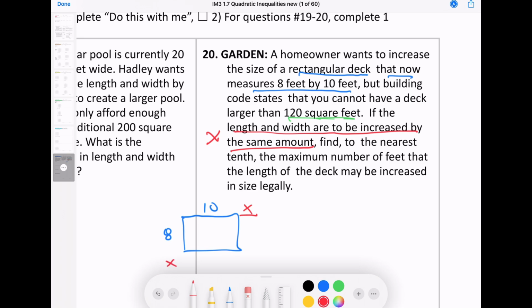So if we increase it by the same amount, which is x, that means this whole area, so if this is 80, and we're saying altogether the total cannot be more than, has to be less than 120.